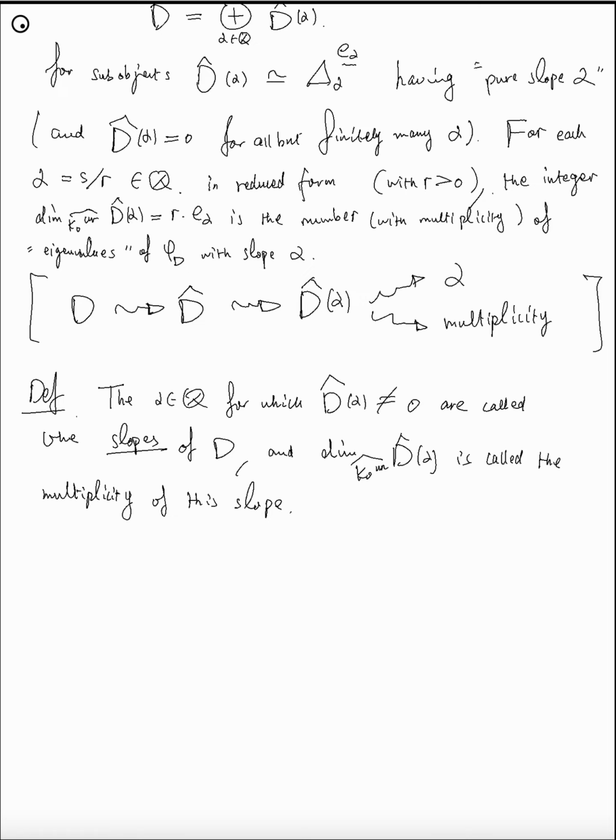So the same number has two names. The first we call the number of eigenvalues, and second we call the multiplicity of the slope. Okay.